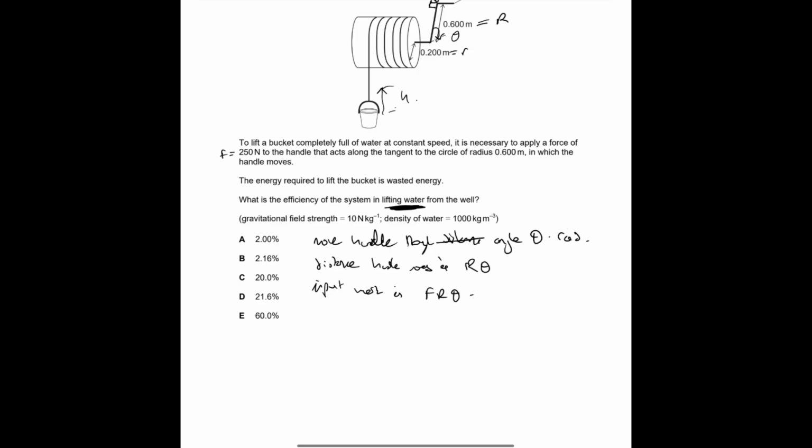So that height h is going to be the same as the distance, because we need to consider the rope is inextensible, it rotates around, if that makes sense. So h is going to be r theta.